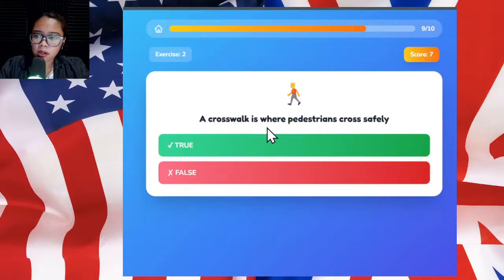Next, a crosswalk is where pedestrians cross safely. 30 seconds, go.